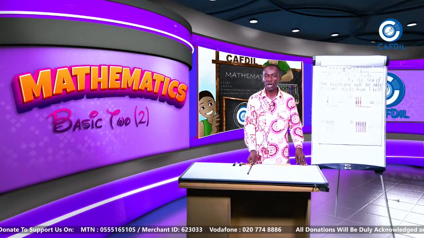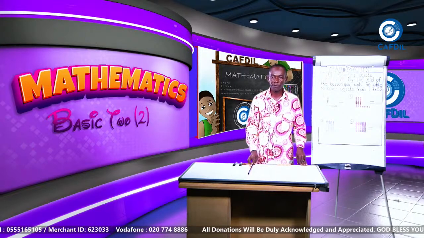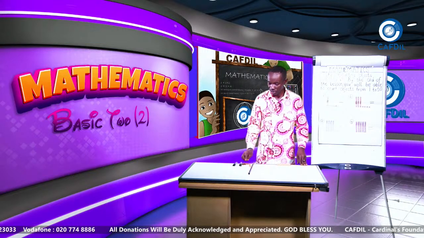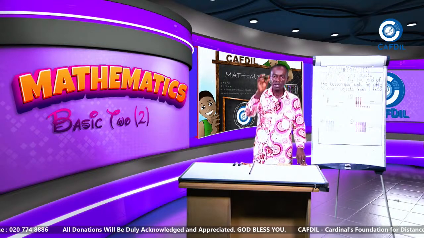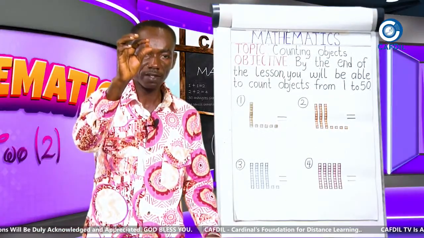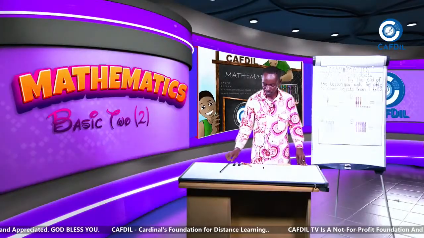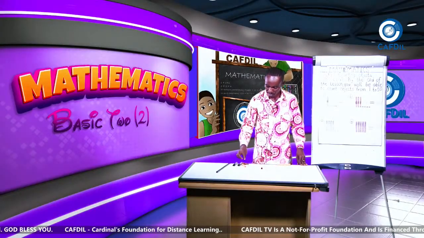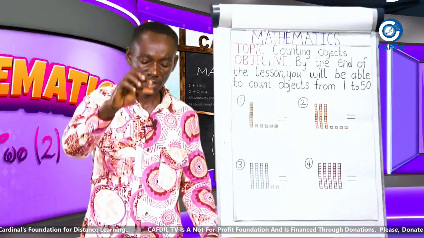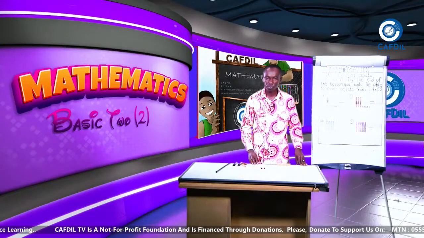Remember, we said we are going to count from 1 up to 50. This shows 1, so I have 1. I'm adding another 1. Now I have 2.